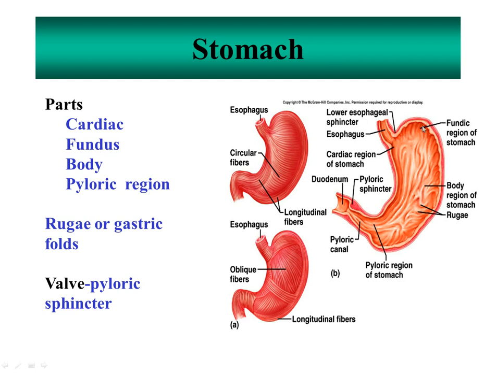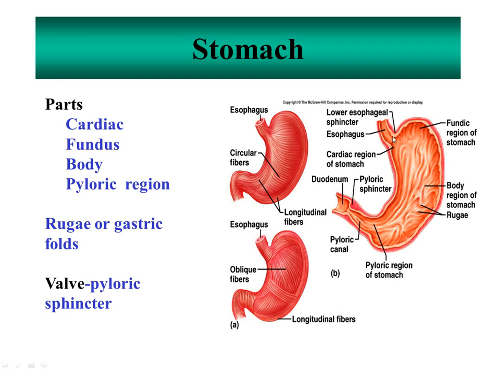This upper area is the fundic region of the stomach. This is the body of the stomach. The rugae are the ridges in the wall of the stomach. Cardiac is the area right after the esophageal sphincter.